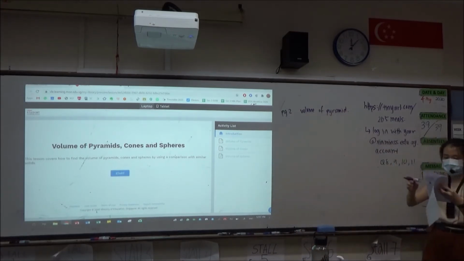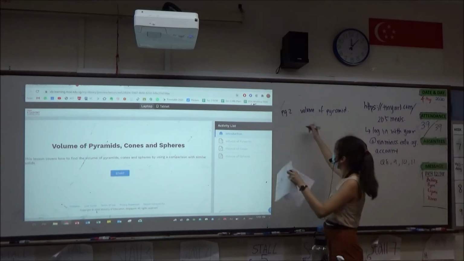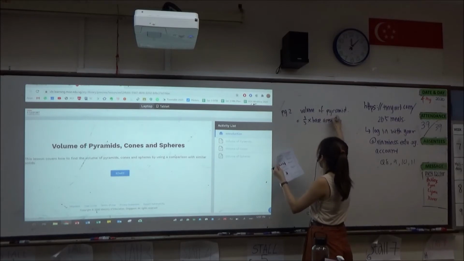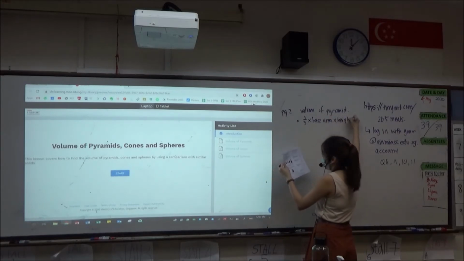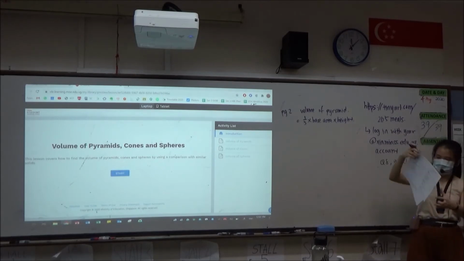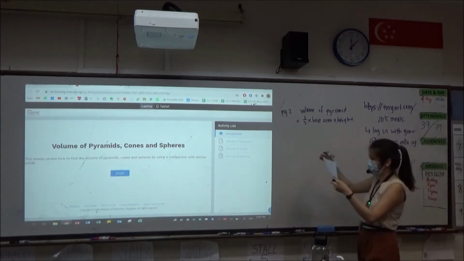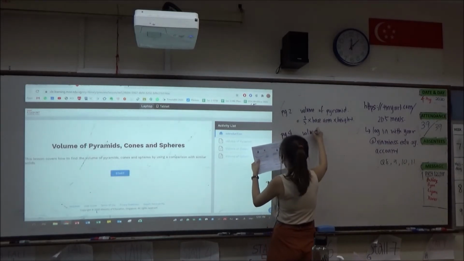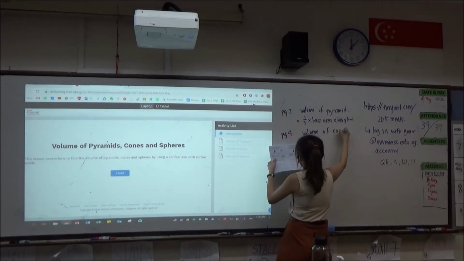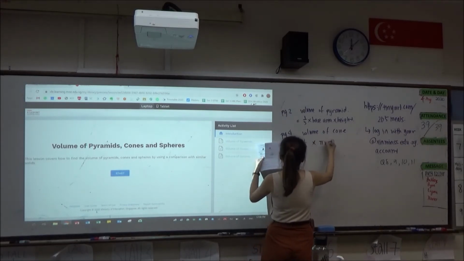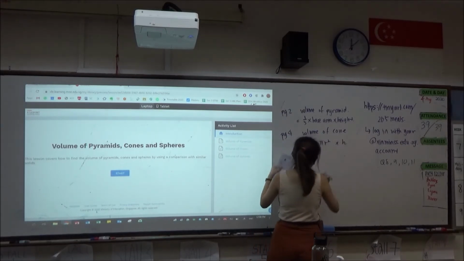The formula is 1/3 times base area times height. Then on page 4, we have volume of cone, which is 1/3 times pi r squared times height.